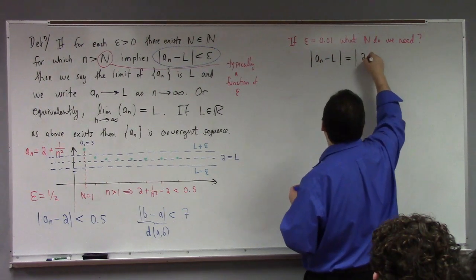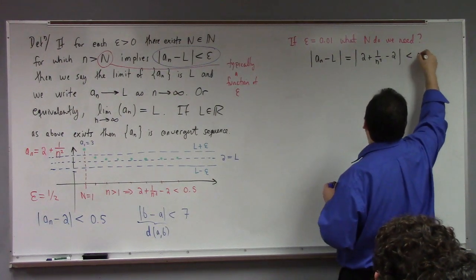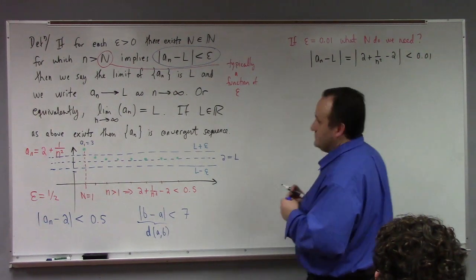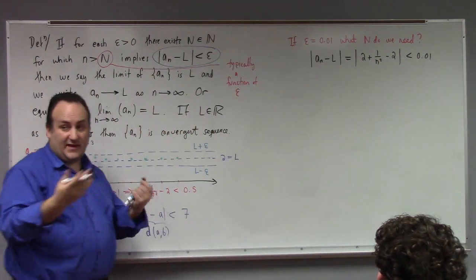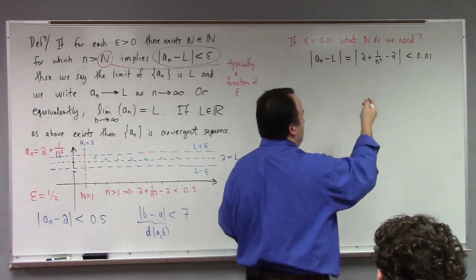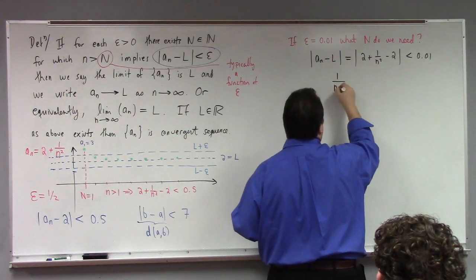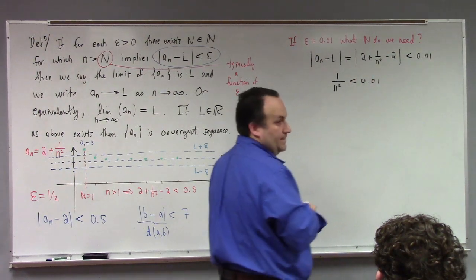Which in this case is 2 plus 1 over n squared minus 2. I want that to be less than 0.01. Just for the sake of discussion, all right? The 2's cancel, and we need the condition 1 over n squared is less than 0.01, right?